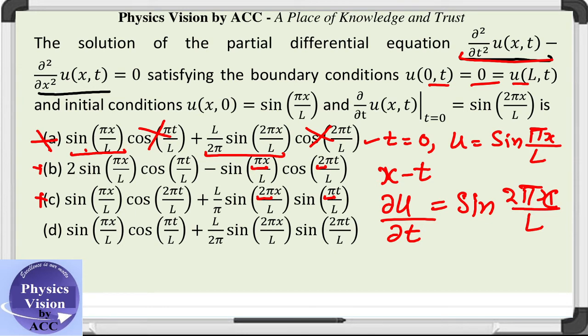Let's have a look at this part as well. If we take the derivative of option B with respect to t, what will we see? This will give us sine, and this will give us sine, and sine 0 is 0. So both the terms will be 0. That is, option B cannot be correct.